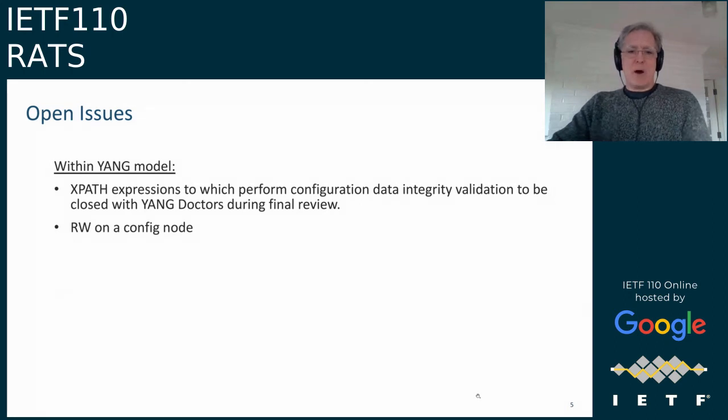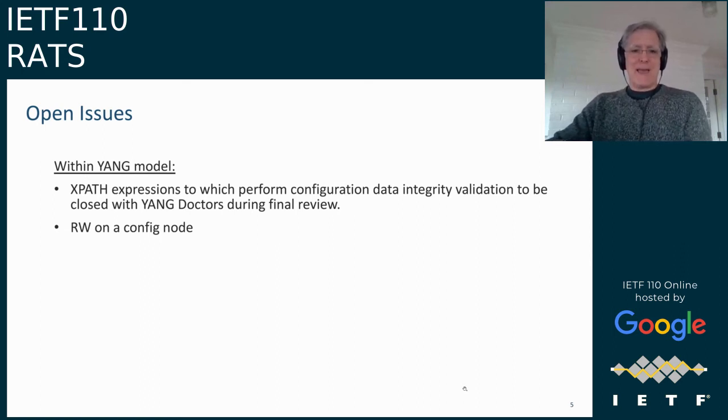Within the Yang model, there really aren't any open issues that I know of other than one we were talking about on the list just the last couple days: do we need to add some definitions to the Yang tree as it relates to where the binary sources of information are being defined? In other words, we need better references in a couple places to the source documents from the Trusted Computing Group.